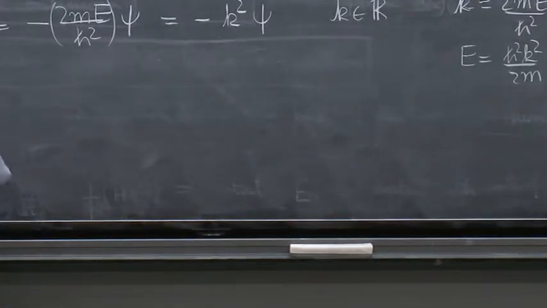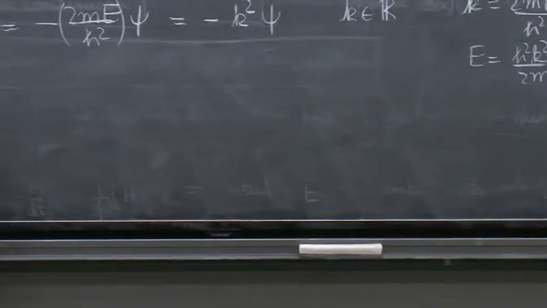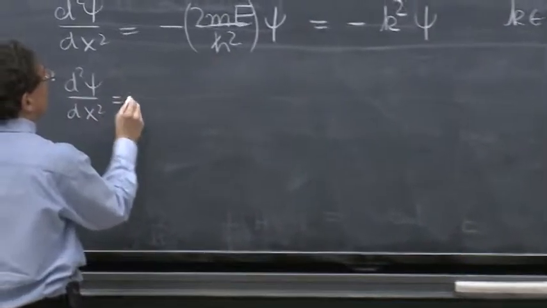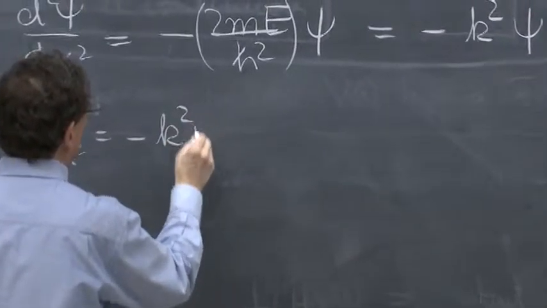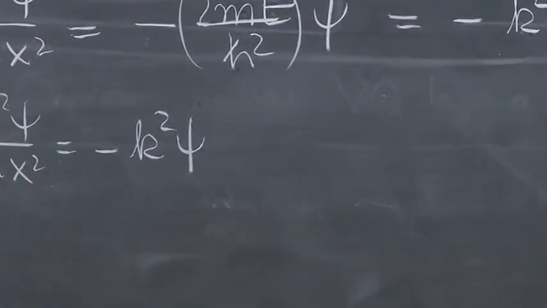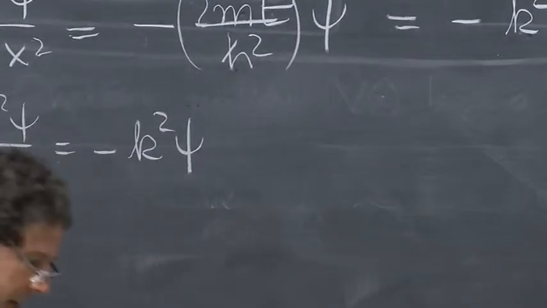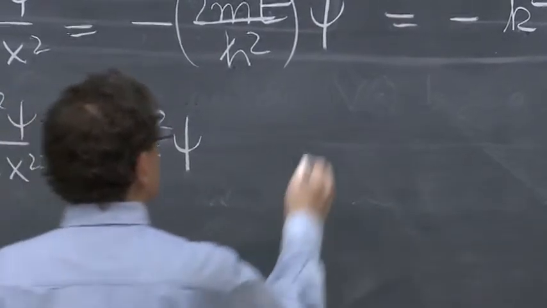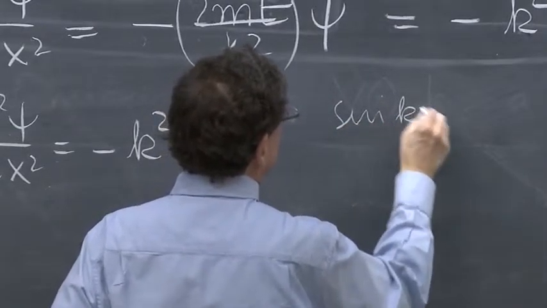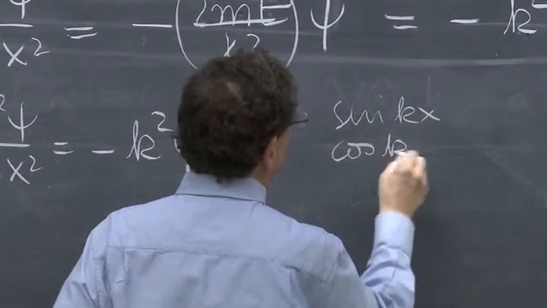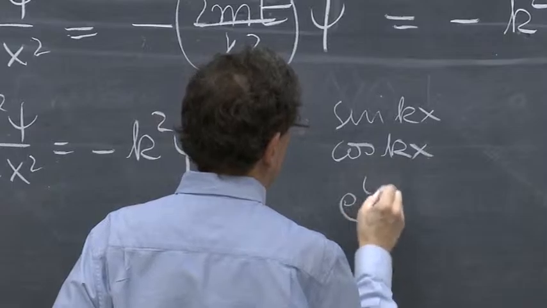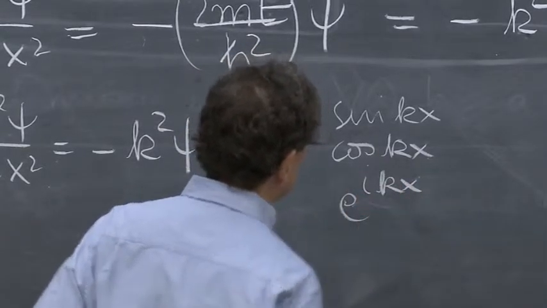And now you just have to solve this. The second derivative of psi, d squared psi dx squared, is equal to minus k squared psi. Well, those are solved by sines or cosines of kx. So you could choose sine of kx, cosine of kx, or e to the ikx.